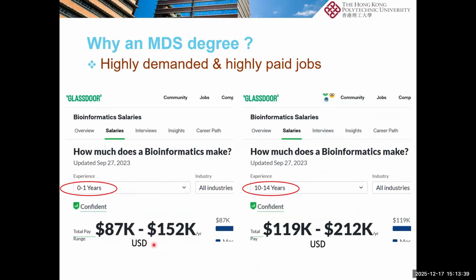This is in US dollars. And if a bioinformatician has accumulated sufficient working experience, like 10 to 14 years, then the annual salary can be up to 212,000 US dollars per year. So the bioinformatics jobs are quite highly paid. If you get the MDS degree, we think that you do not need to worry about the salary too much.